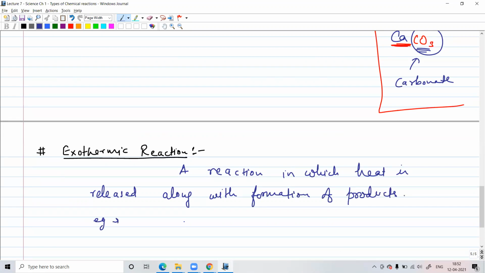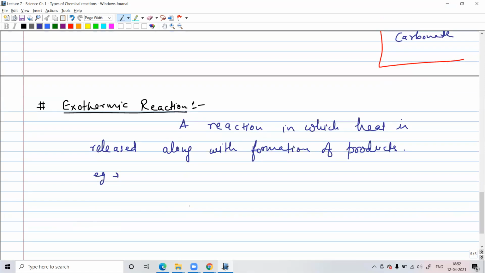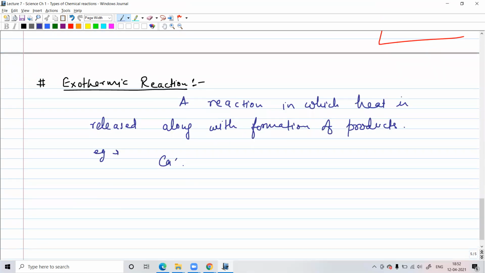Examples. Just now we saw one example: calcium oxide plus water, which gave you Ca(OH)2. This example we had already seen. You can write it as plus heat also.